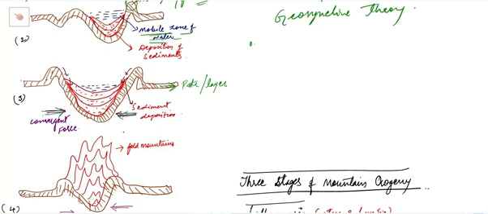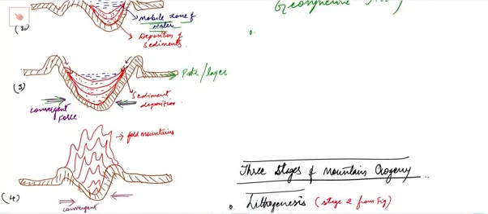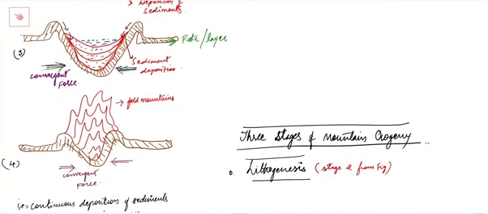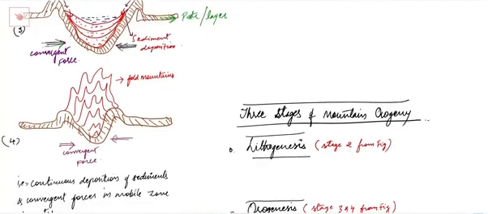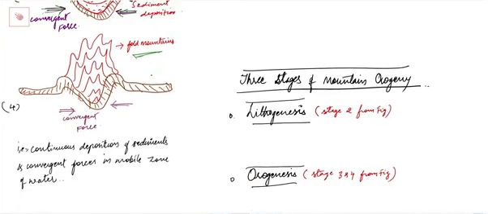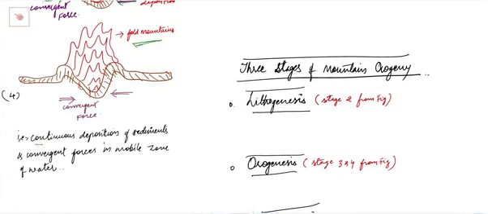Due to compression, an intense rise takes place. In the next figure we can see that due to the compression there is a rise of mountain, and it formed as a fold mountain. This happened due to continuous deposition.